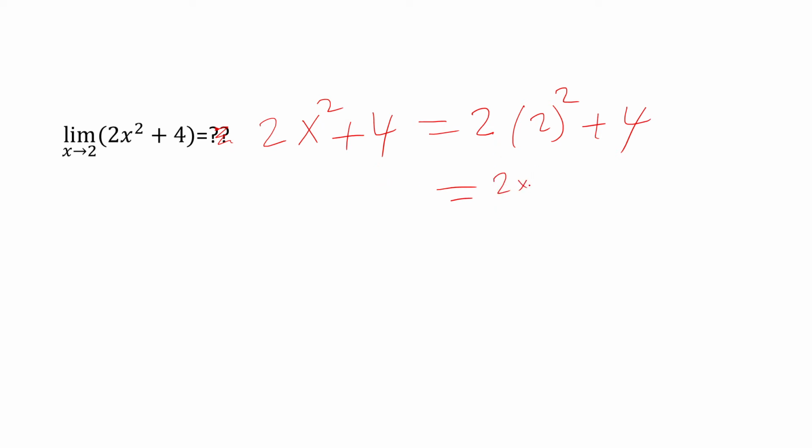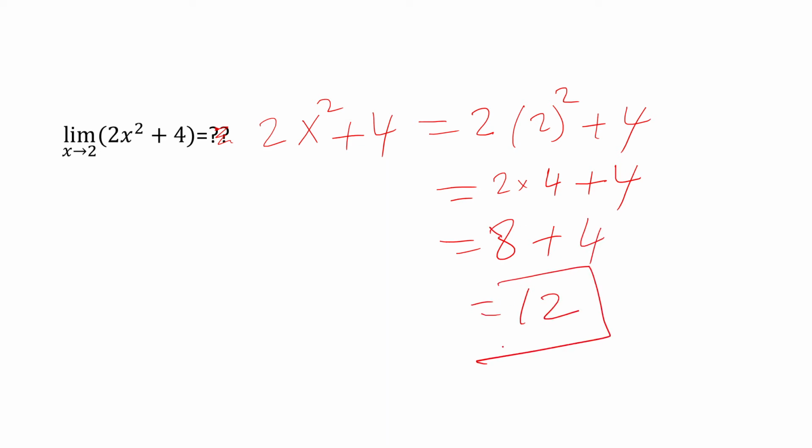So 2 times 2 squared is just 2 times 4 plus 4. 2 times 4 is 8 plus 4 is 12. It evaluated nicely, so I don't have to do anything else.